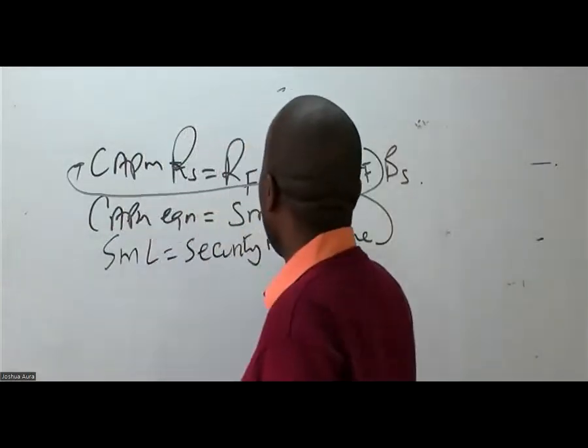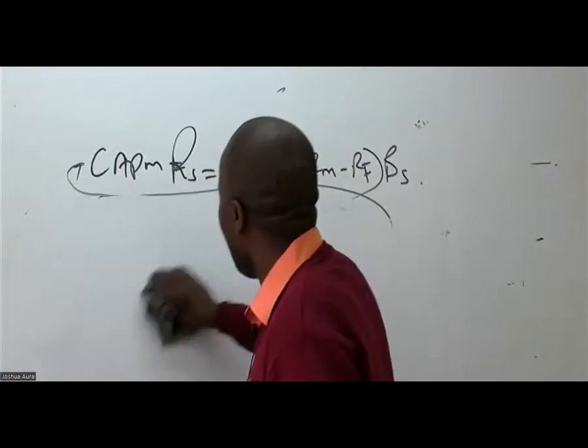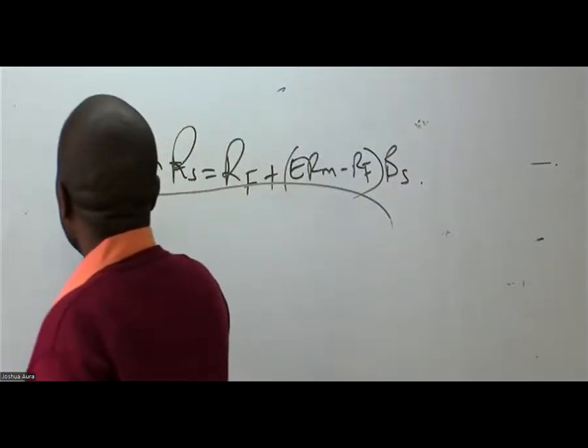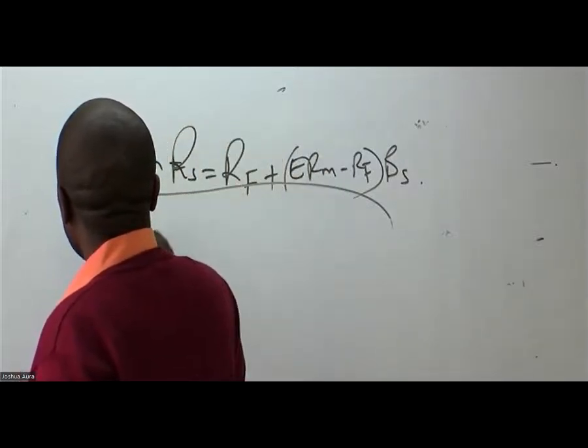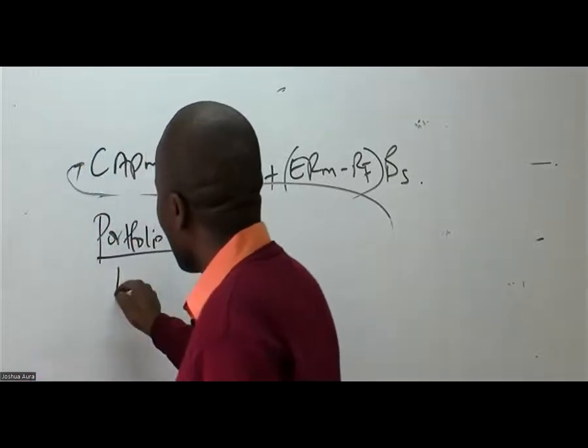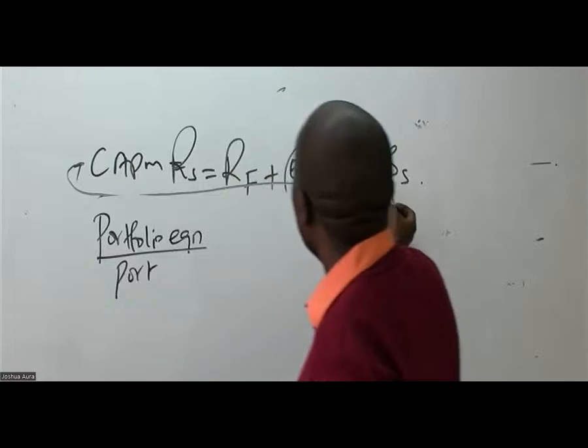Now listen to me very well. What if the examiner wants you to write what we also call the portfolio equation? Under the portfolio equation, remember that we normally use standard deviations.